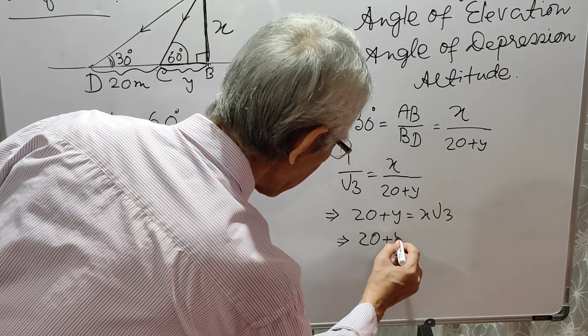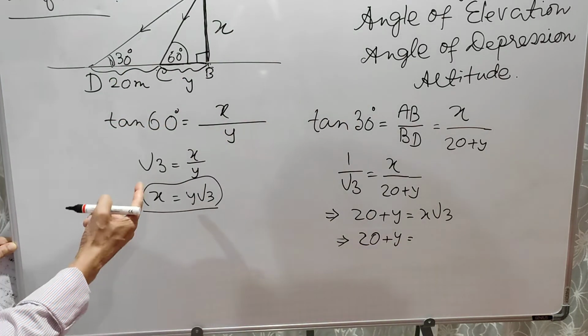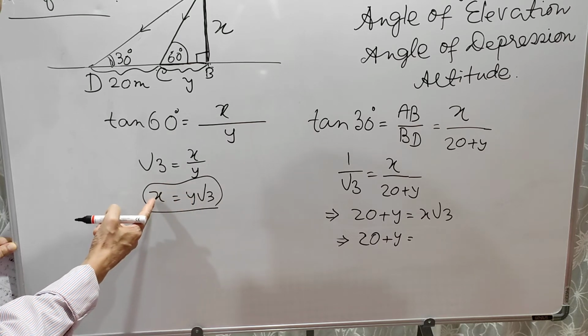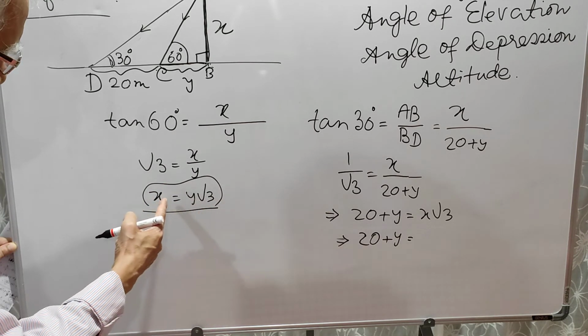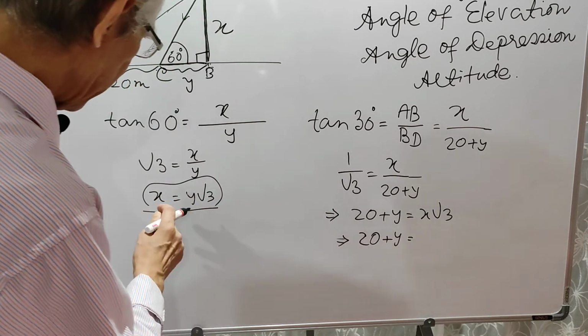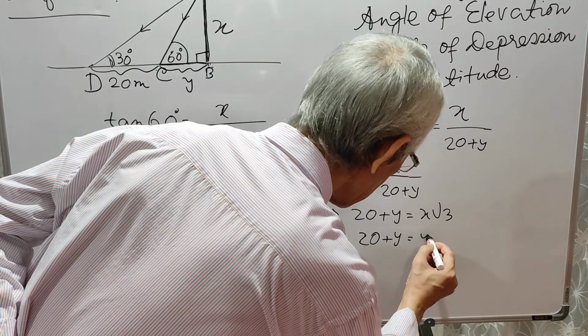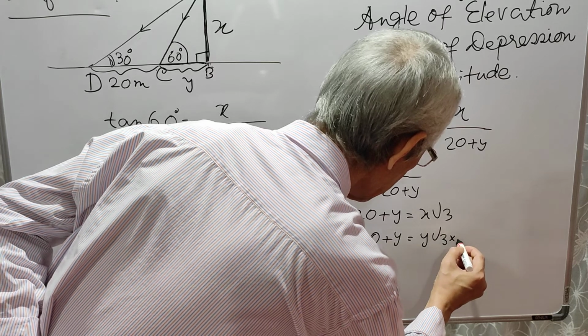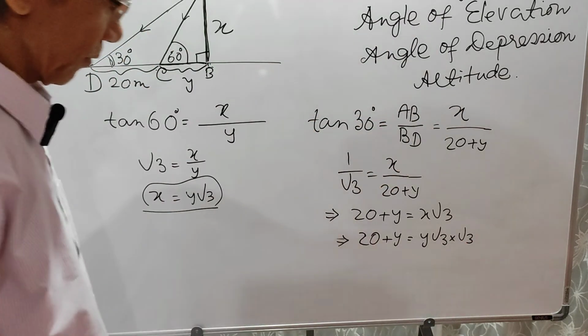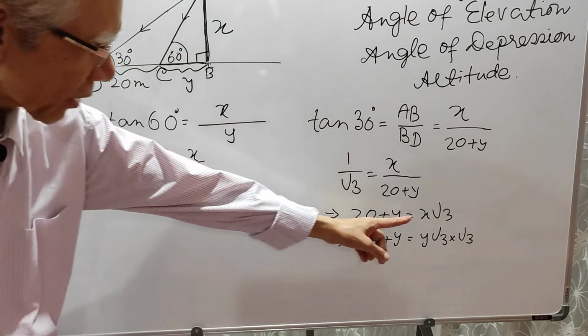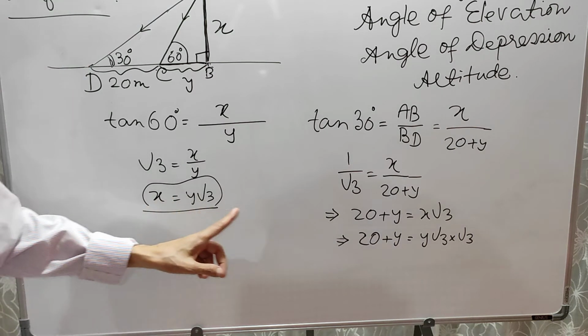20 plus y. We need to find y, no? So in x root 3 you put, in place of x, y root 3. So x is y root 3 into root 3.